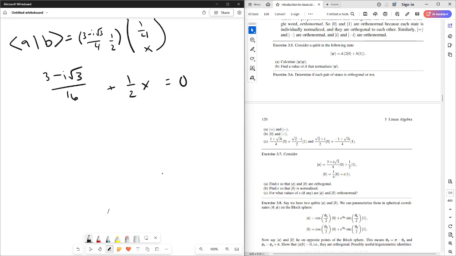Putting this in terms of 8, this is 8x over 16. So 3 minus 8x minus i square root of 3 over 16 equals 0.